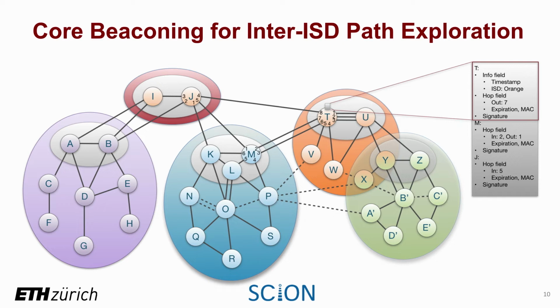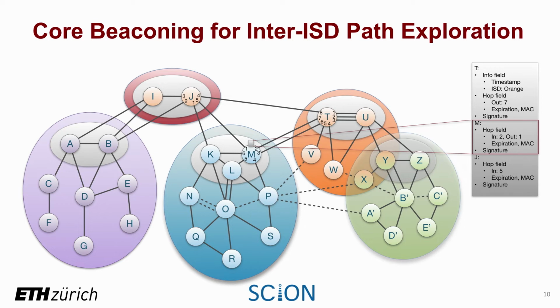It also adds a hop field, which will later be used for the forwarding to encode the forwarding information in data packets. And in this case, the hop field encodes the interface identifier 7, as well as an expiration time and the message authentication code, as we're going to see in the following video.